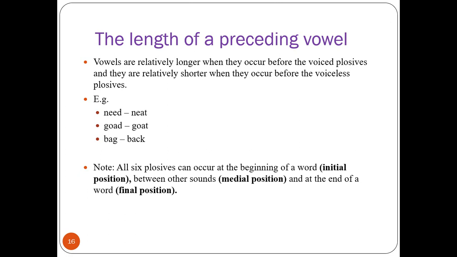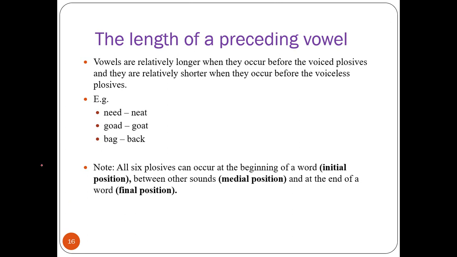Here it is said voiced plosives, but I must make a correction here. This statement must be applied to all consonant sounds: if vowels occur before voiced sounds, they are relatively longer, and if vowels occur before voiceless consonants, they are relatively shorter.